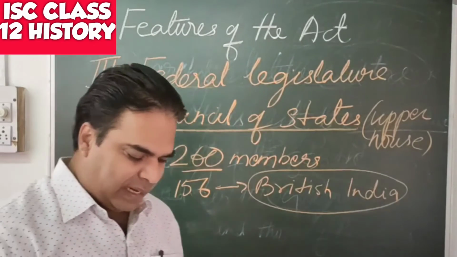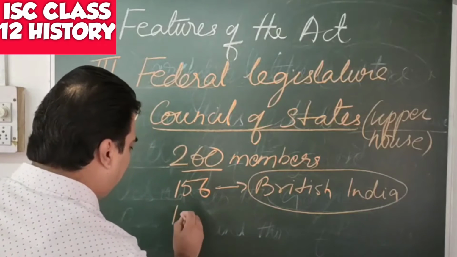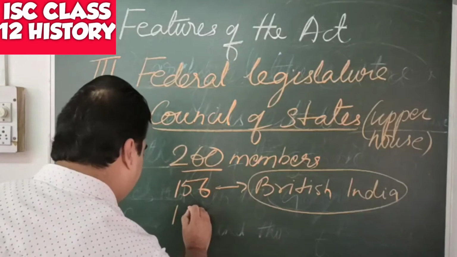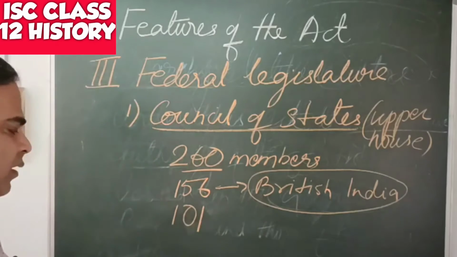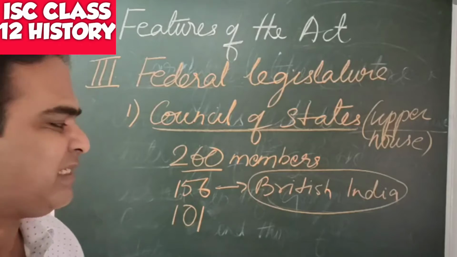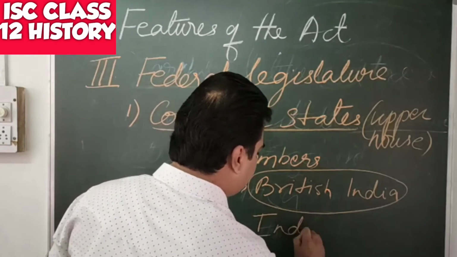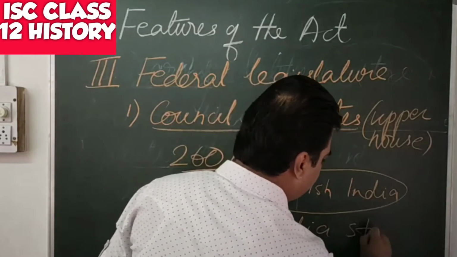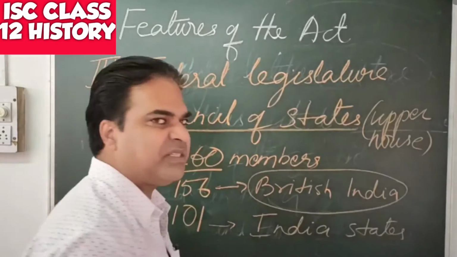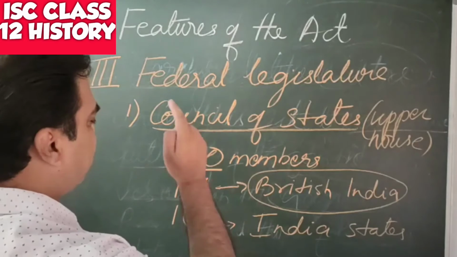156, and then 101 by the Indian states, the princely states. Indian states means princely states, ruled by Rajas and Maharajas.